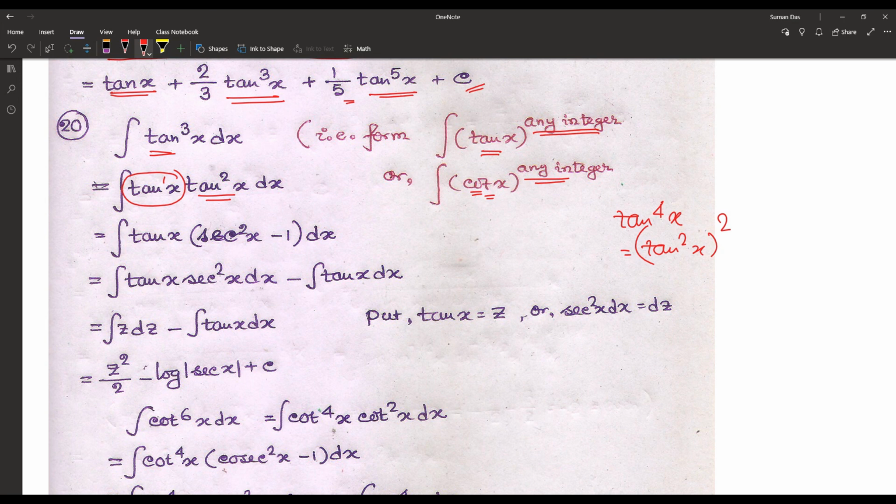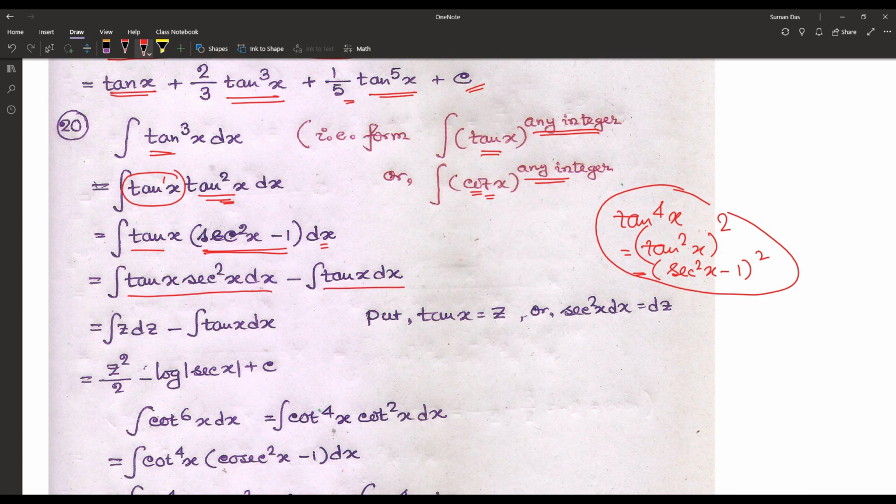Okay. So tan square x means sec square x minus 1, so that may be written as sec square x minus 1 whole square. But here only the tan square x was there, so we are writing it as sec square x minus 1 dx. Just multiplying tan x, it is sec square x dx minus tan x dx.